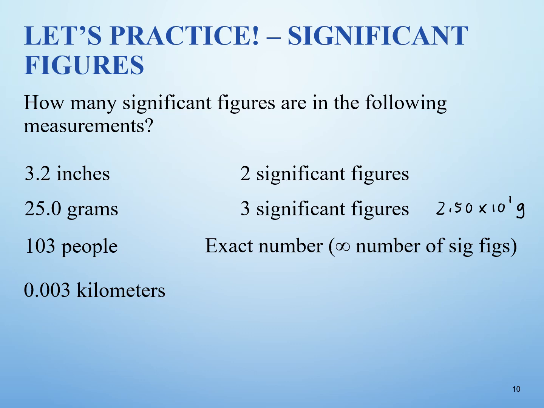Now, 0.003 kilometers. In this case, see the zeros here are before the numbers, so they are not going to be significant. If I were to write it in scientific notation, I would write it as 3, let's pick it up here, okay.